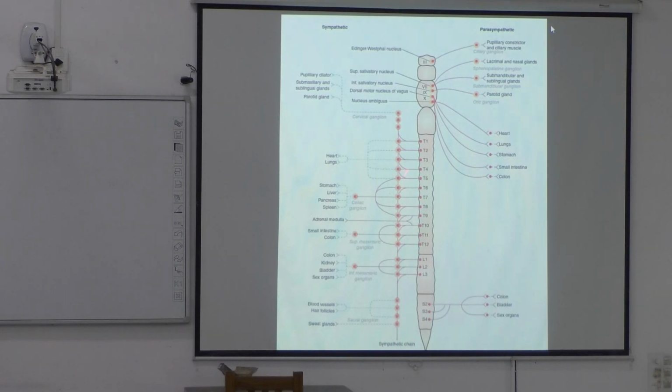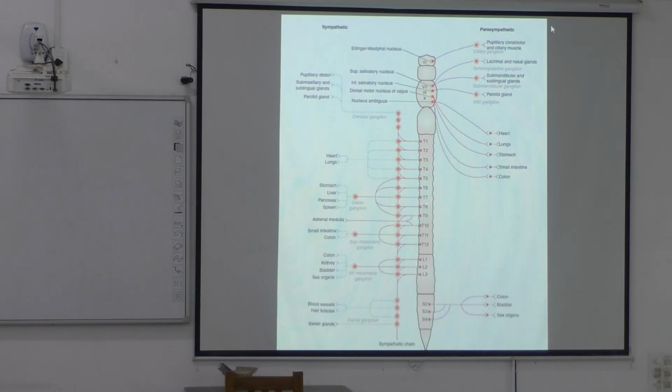Cervical ganglia are there, superior cervical ganglion, middle cervical ganglion. You may have heard the names in anatomy. Their nerves are reaching from the thoracic level. In the cervical level, there is no preganglionic neuron. Nerves may reach the same level or another level, and nerves may also cross over.